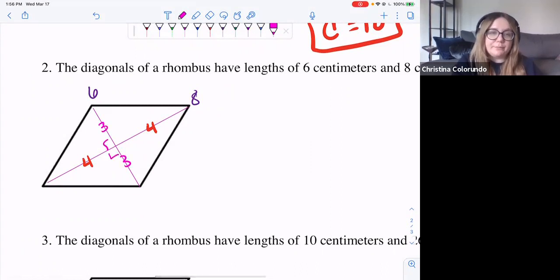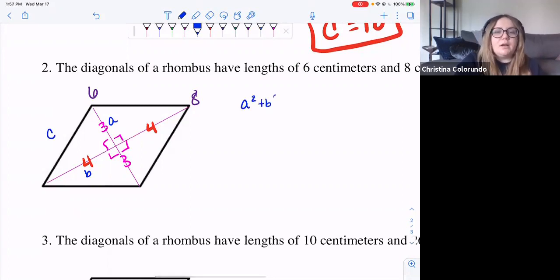is 3. From there, we have our 4 right triangles. It is 8 triangles if you're being crafty, but 4 right triangles. And we label the sides of our triangles A, B, and C. We then are ready to use the Pythagorean theorem to solve for the hypotenuse, the C. We write out a squared plus b squared equals c squared.